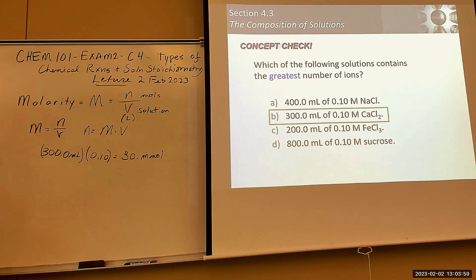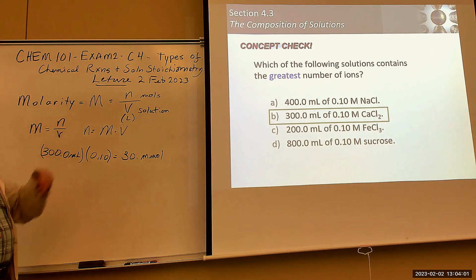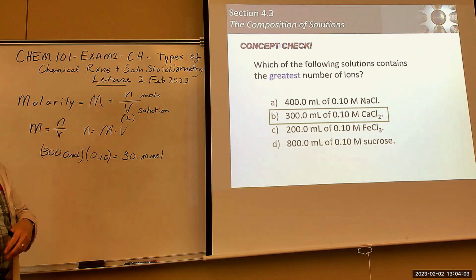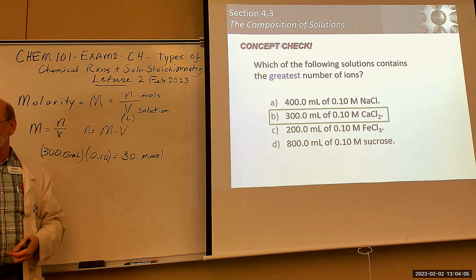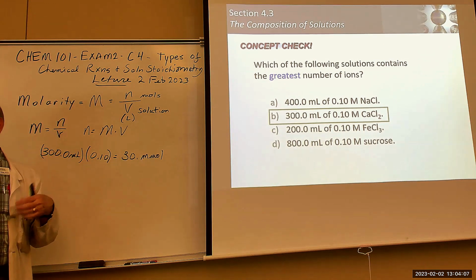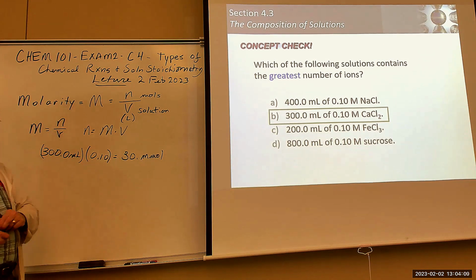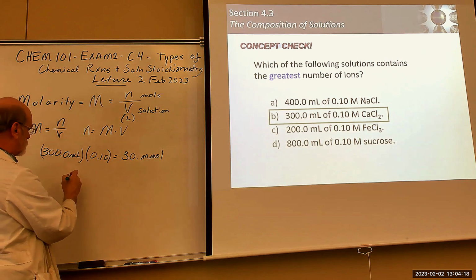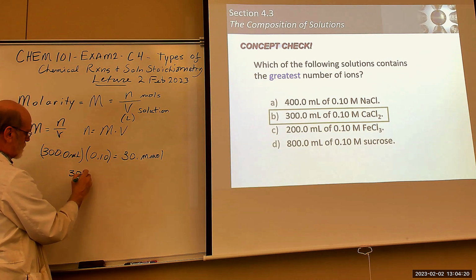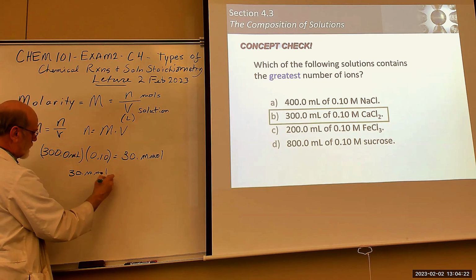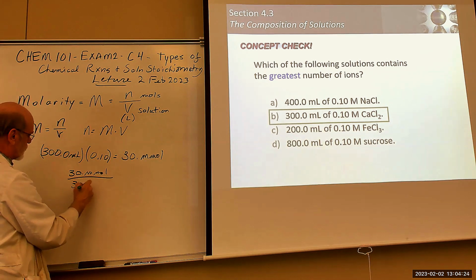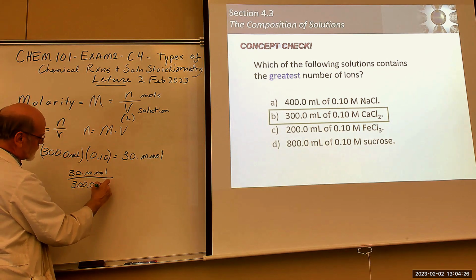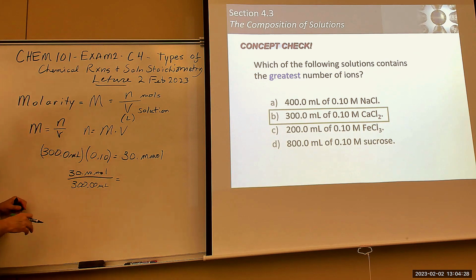Okay. So that saves you, if you're only going to compare total amounts, doesn't matter if it's moles or millimoles, as long as they're the same, apples to apples, oranges to oranges. And you can prove it to yourself. If you want to recalculate the concentration, then you take 30 millimoles and divide it by 300 milliliters, and what do you get?